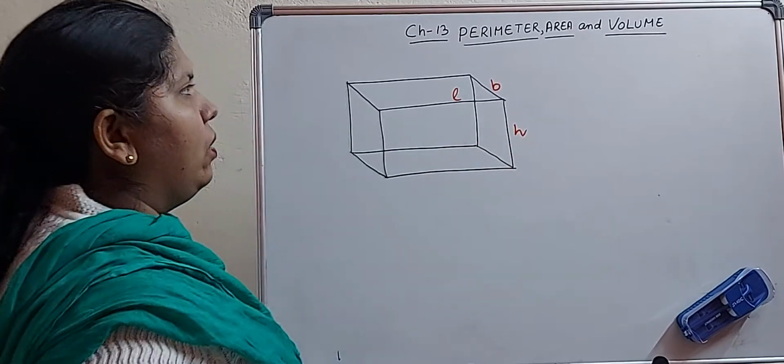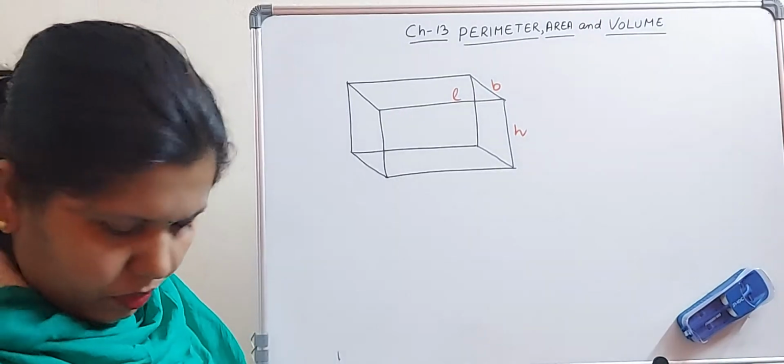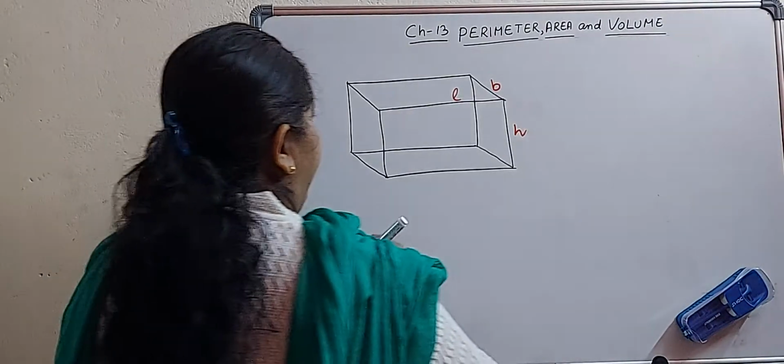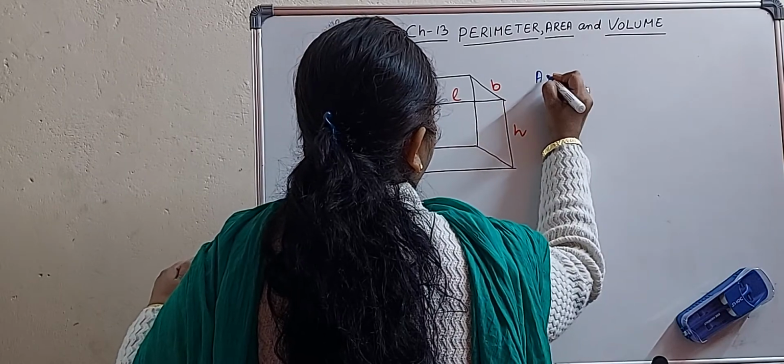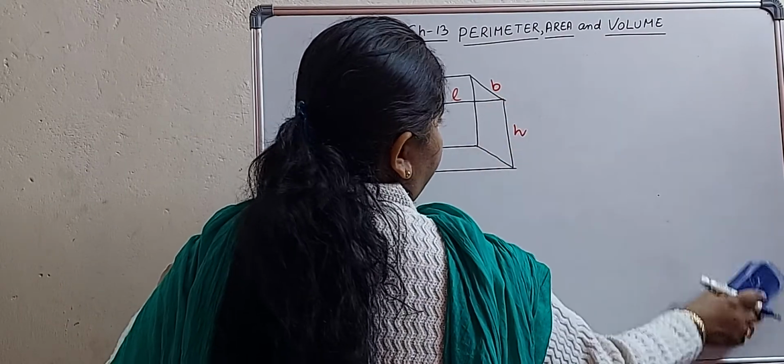Then how to take out the volume of the cuboid?